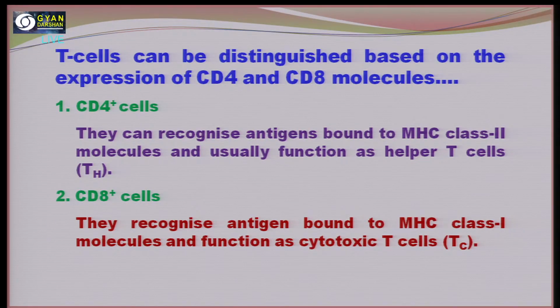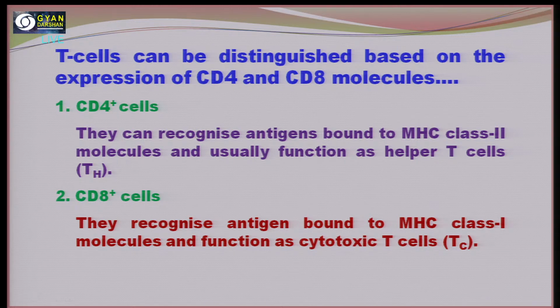T cells can be distinguished based on the expression of the CD4 and CD8 molecules. It is a very important molecule present on the T cell. CD4 plus cells recognize antigen bound to MHC class II molecules and usually function as helper T cells.